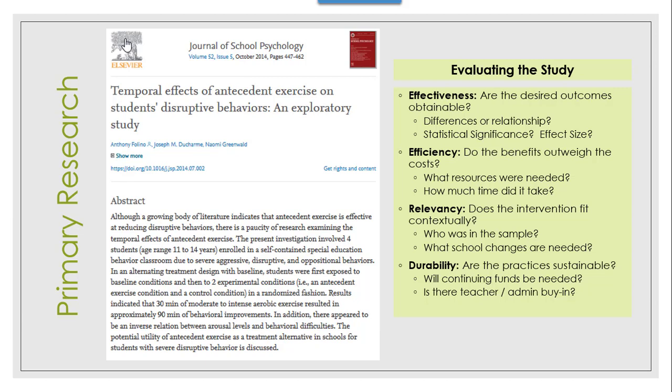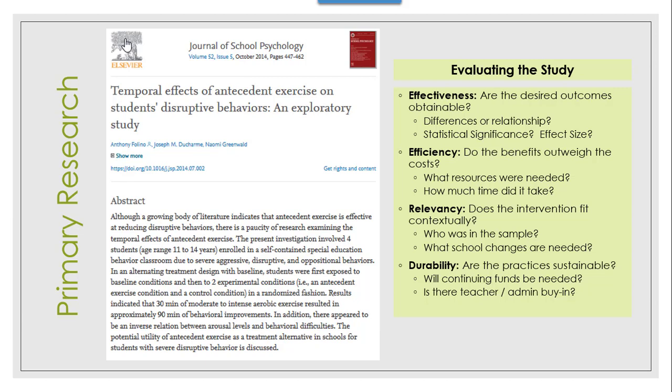I've made this article available to you in its entirety, and I want you to go in and read through the article and see that you're much better able to answer the evaluation of the intervention when you have the actual study in front of you. So for instance, relevancy.